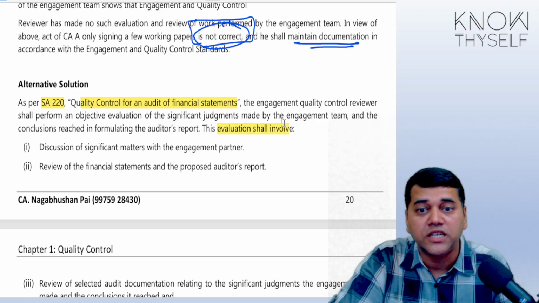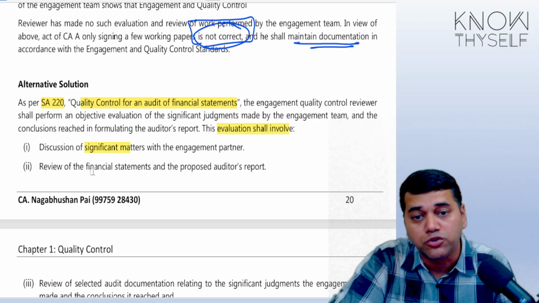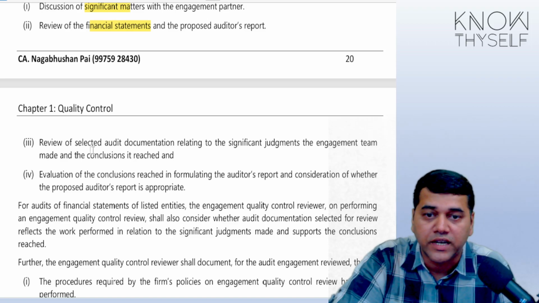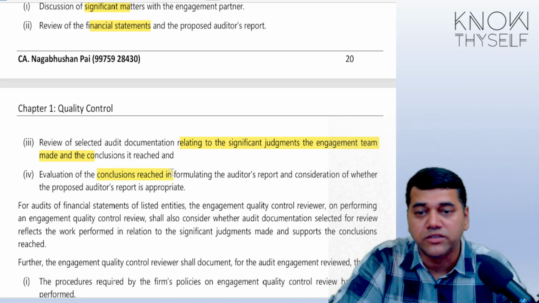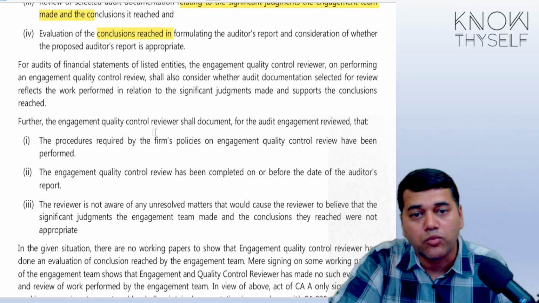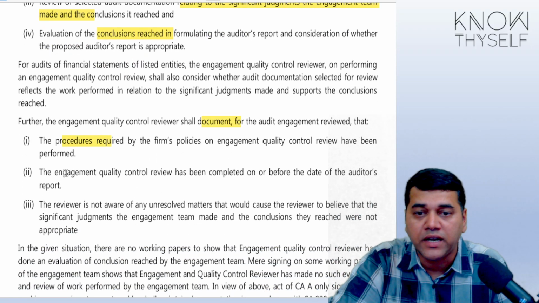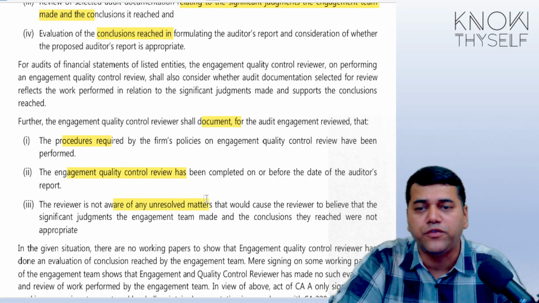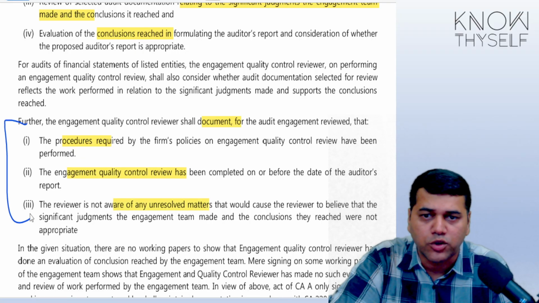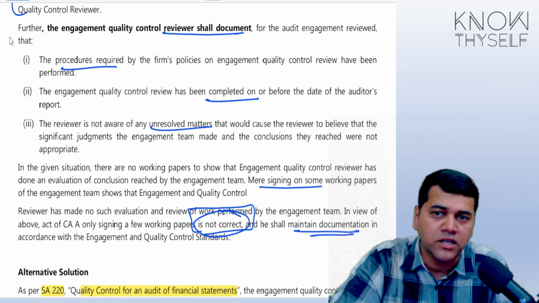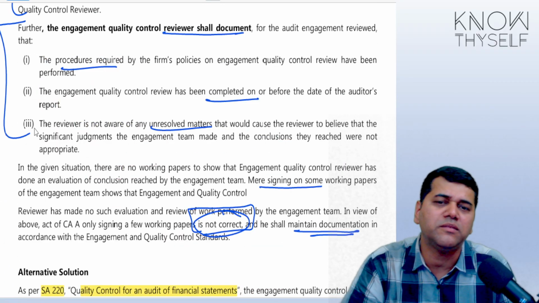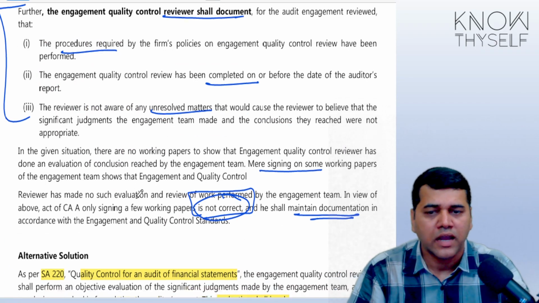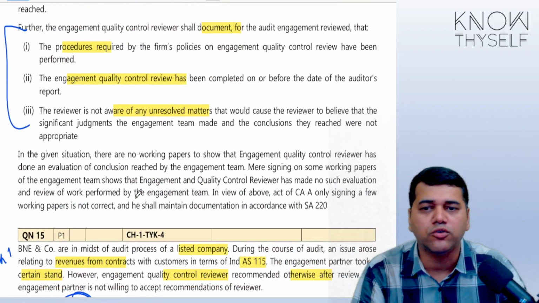The evaluation shall include what the EQCR should do: review of selected audit documentation, conclusions reached, etc. And then what you need to document: procedures required, quality control review. If you see, what SA 220 says is exactly matching what SQC1 says. So it really doesn't matter; whichever standard you quote, fine.